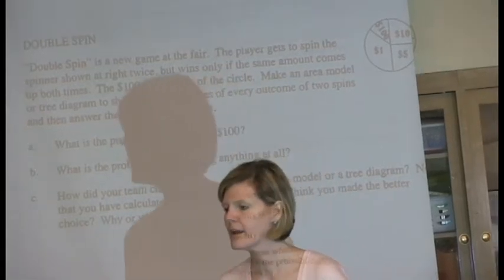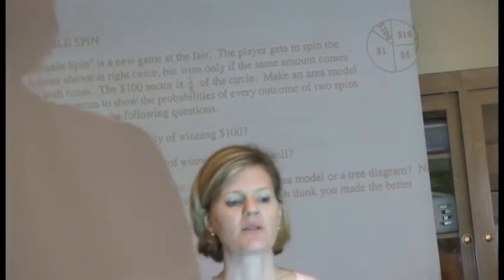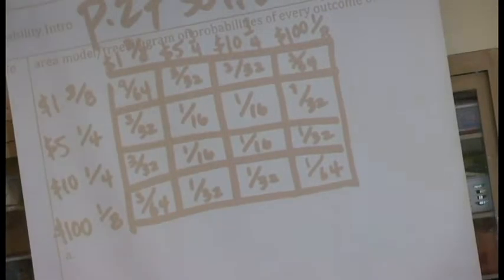So spin 1 and spin 2 had to be both $100. So now I can answer that question, what's the probability of winning $100? What is the fraction for when $100 meets $100? 1 out of 64. Not a problem. They asked me one question, I can pick the data off my table, and I'm done.